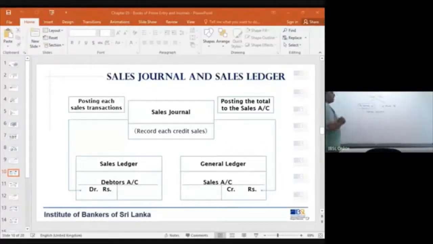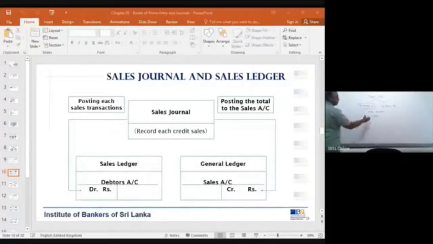But if you really look at it, there will be individual accounts maintained in the name of all the individual debtors. The total of all the individual debtors will add up to the debtors account. So it is very important that you note the debtors account is actually the total of all the individual debtors.